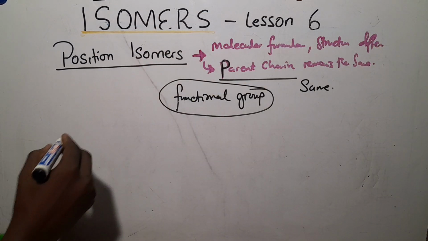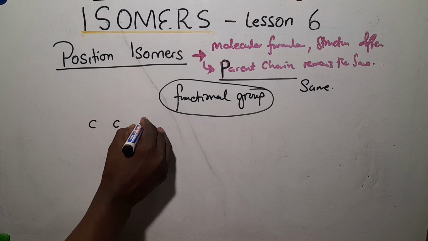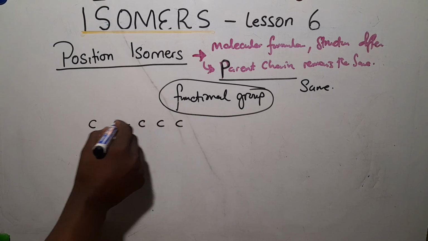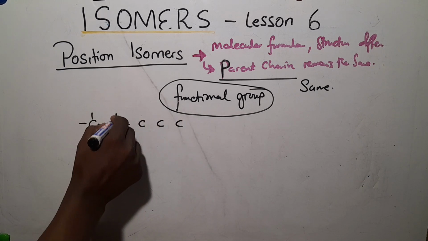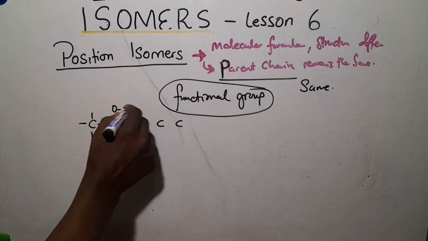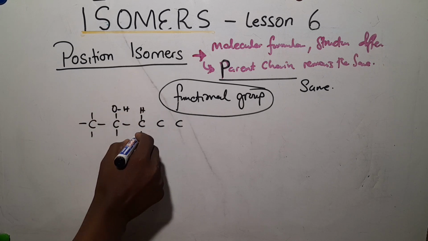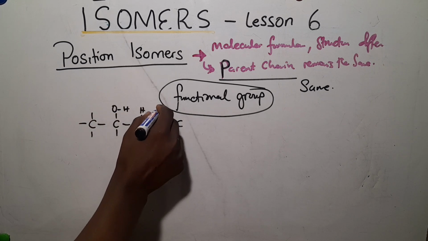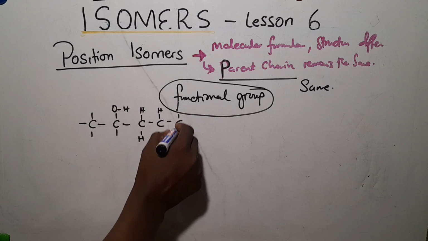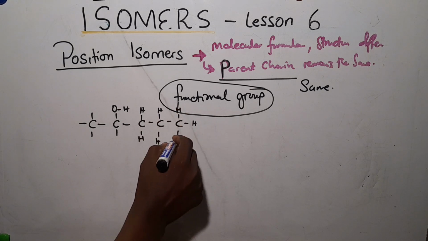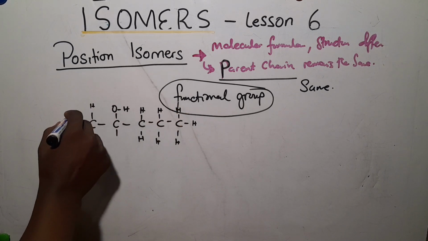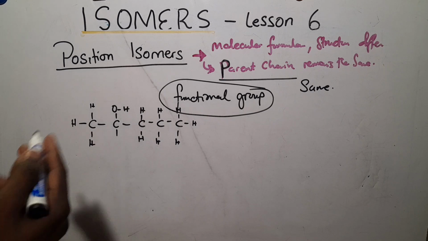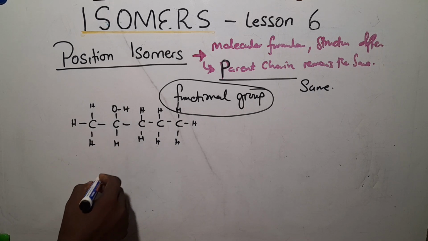For an example, I can have something like this. So maybe I have the alcohol there. So this molecule is still having how many carbons?